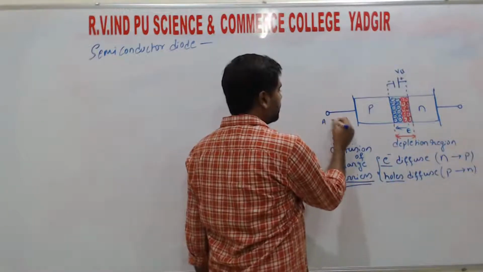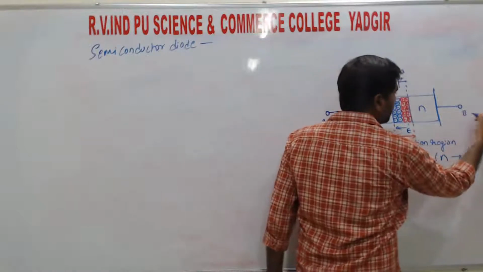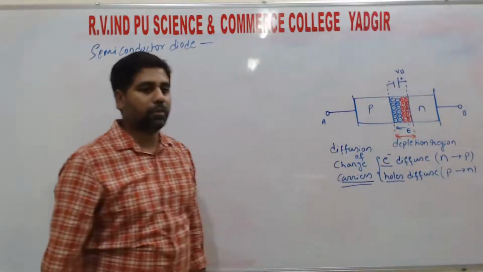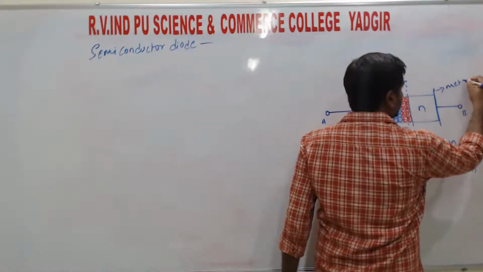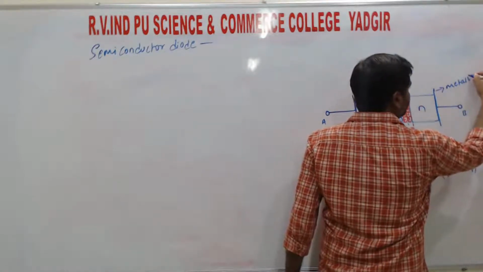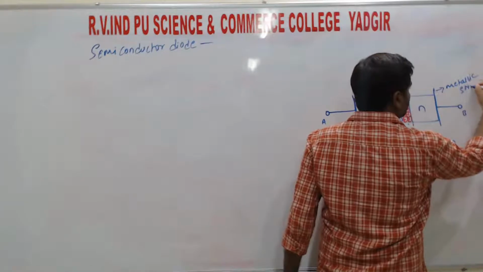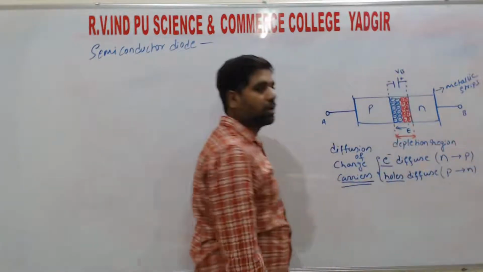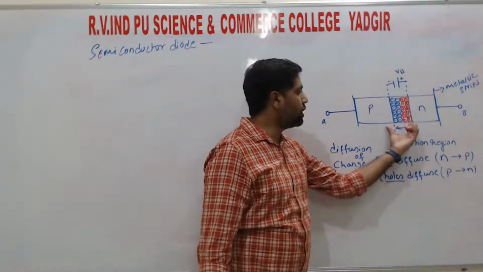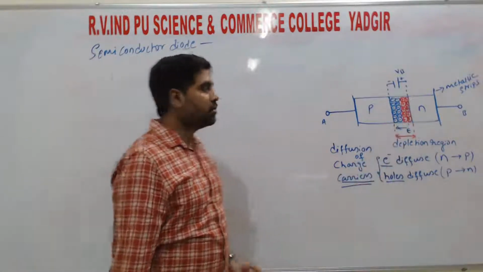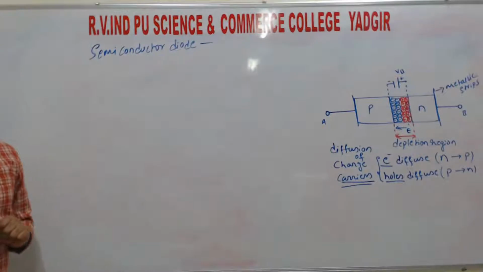Calling here terminal A and here terminal B, right? So these two are metallic strips or metallic conductors, which are connected on both sides of the PN junction, right? So what is a semiconductor diode?